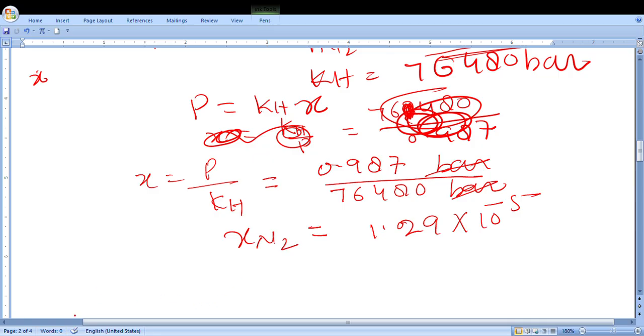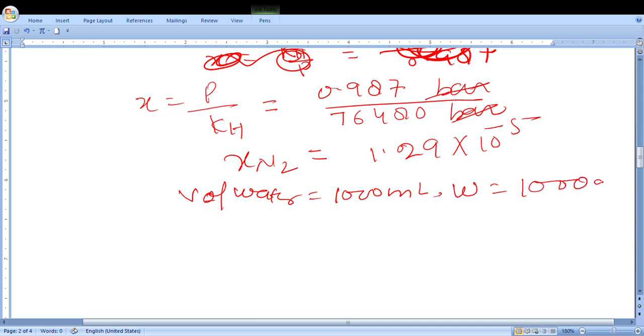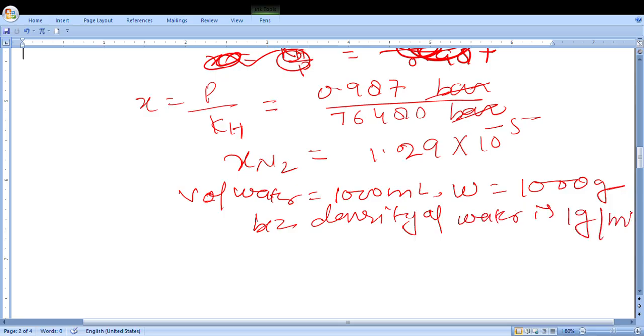Now, because we have taken 1 liter of water, the volume of water is equal to 1 liter, that is 1000 ml. Mass will also be 1000 gram because the density of water is 1 gram per ml.